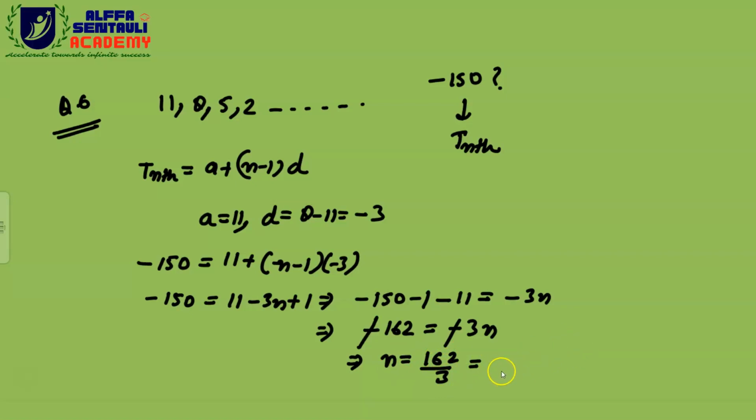Is 162 divided by 3 an integer, or will this give a decimal number? Let us divide this. It would give an integer only. Let us solve. 3 5s is what? 15. 1. Then 2. 3 4s is what? 12. So the answer is 54.